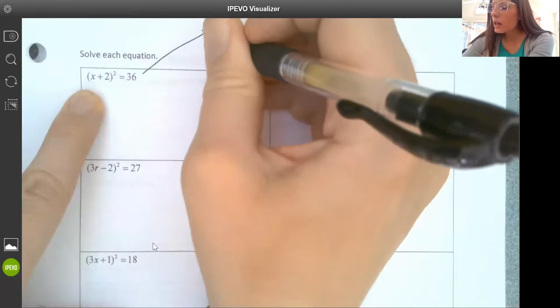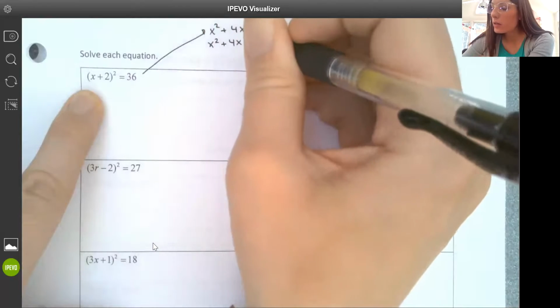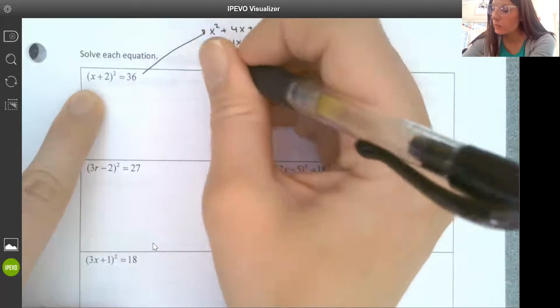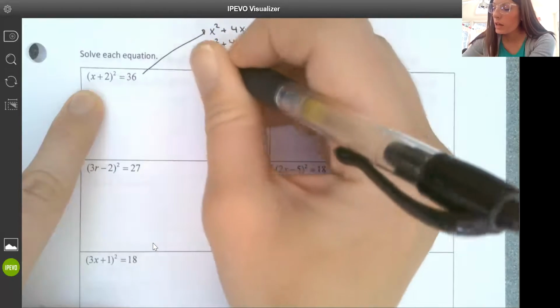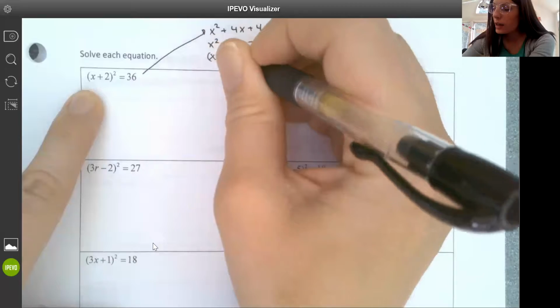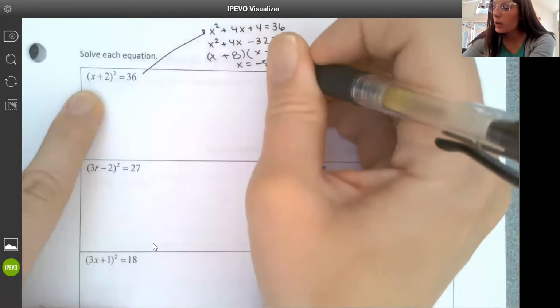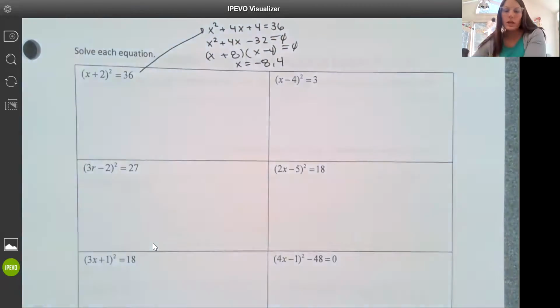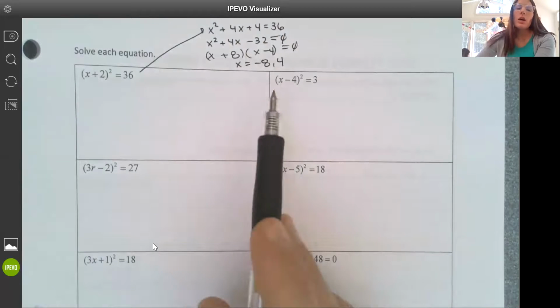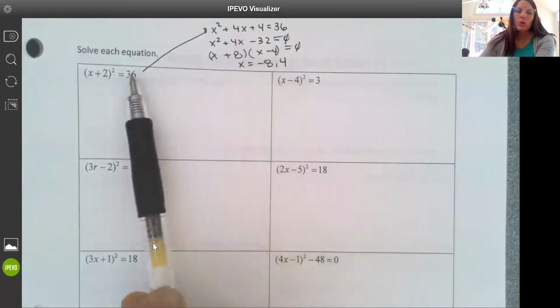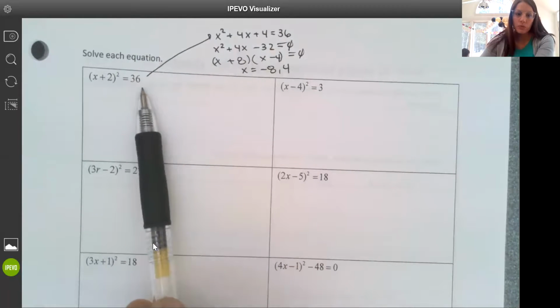And then I need to get this set equal to 0 by subtracting 36 and factor it, which would be plus 8 minus 4 to solve. And I get negative 8, positive 4. Doesn't take a crazy amount of time, okay, but is maybe not the most efficient way to go about this problem when it's written in this form.